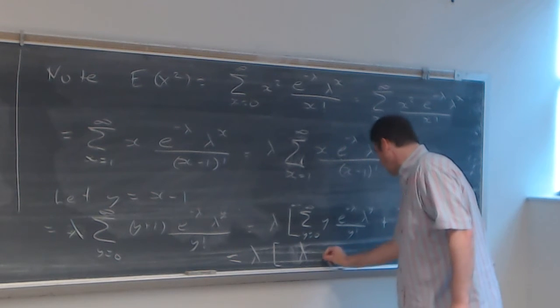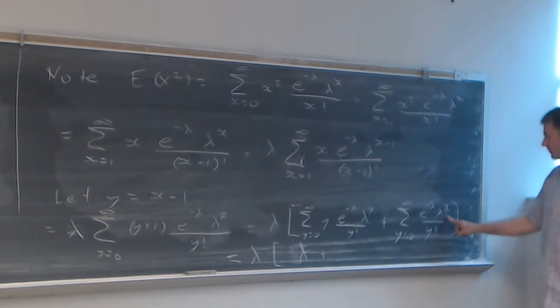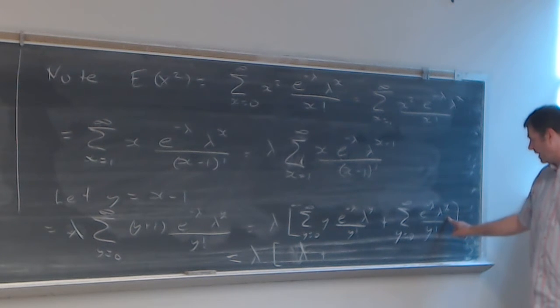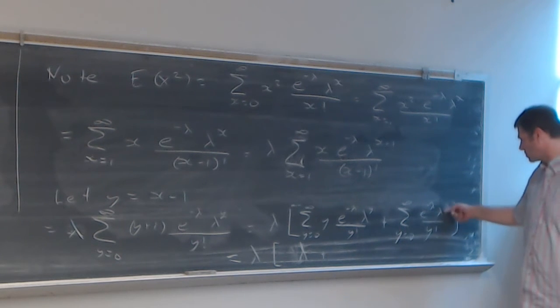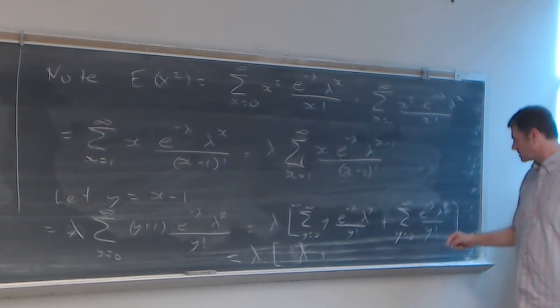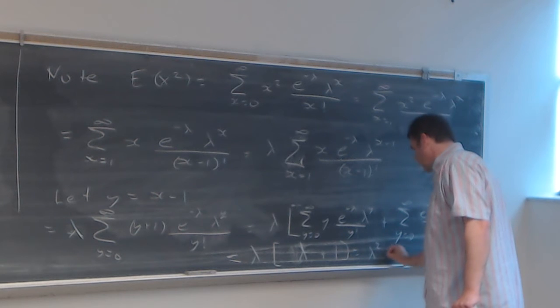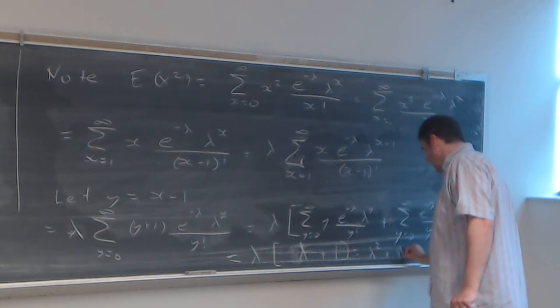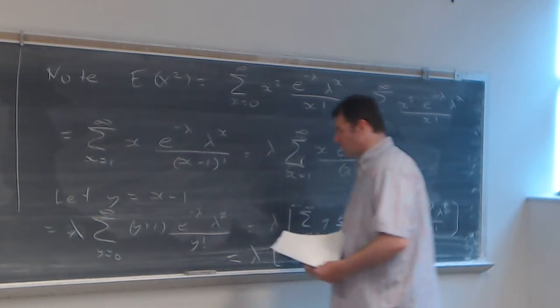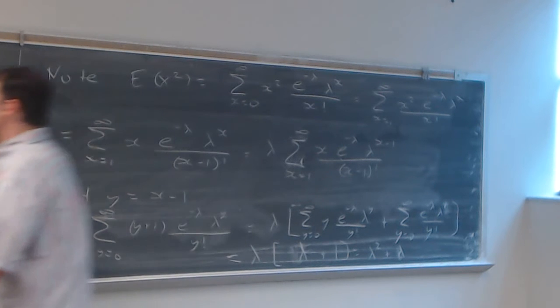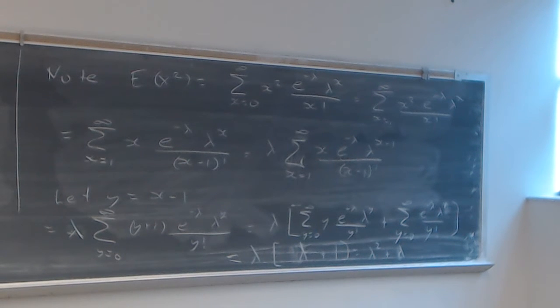And then plus, here is the sum of the PMF of a Poisson random variable with parameter lambda, and so what we get here is 1. So we end up getting lambda squared plus lambda is what the expected value of x squared is for a Poisson.